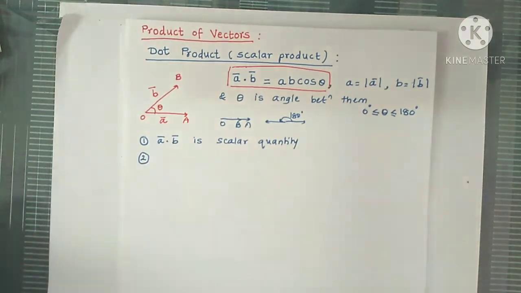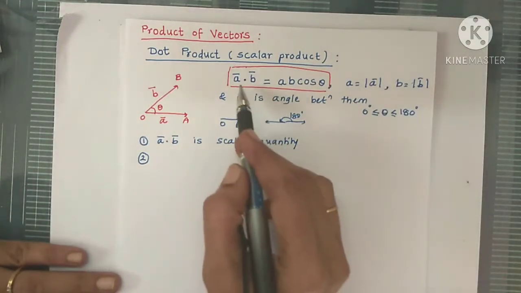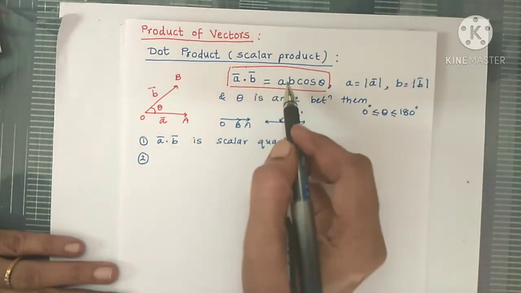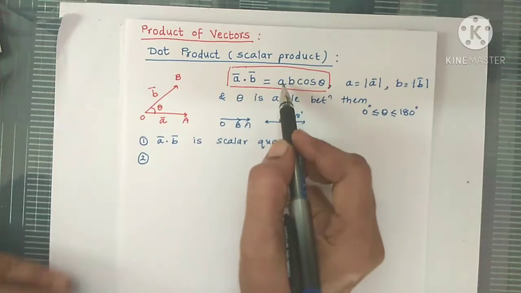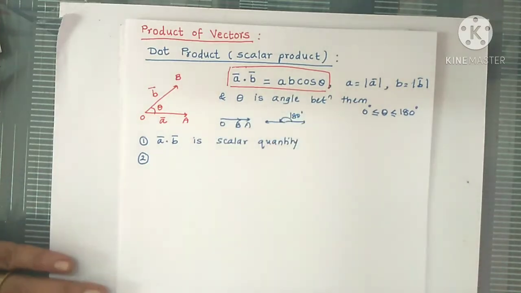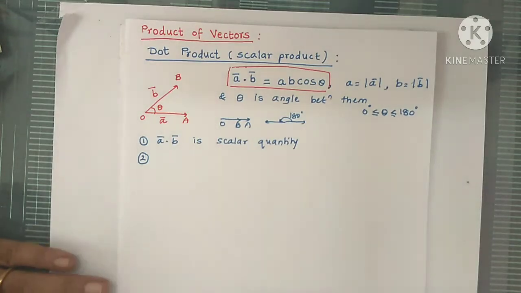Now the next one: if either of them is a 0 vector, then a bar dot b bar is 0, as if a bar is 0 then a is 0, or if b bar is 0 bar then b is 0. So if either of the vectors is a 0 vector, then it is 0.